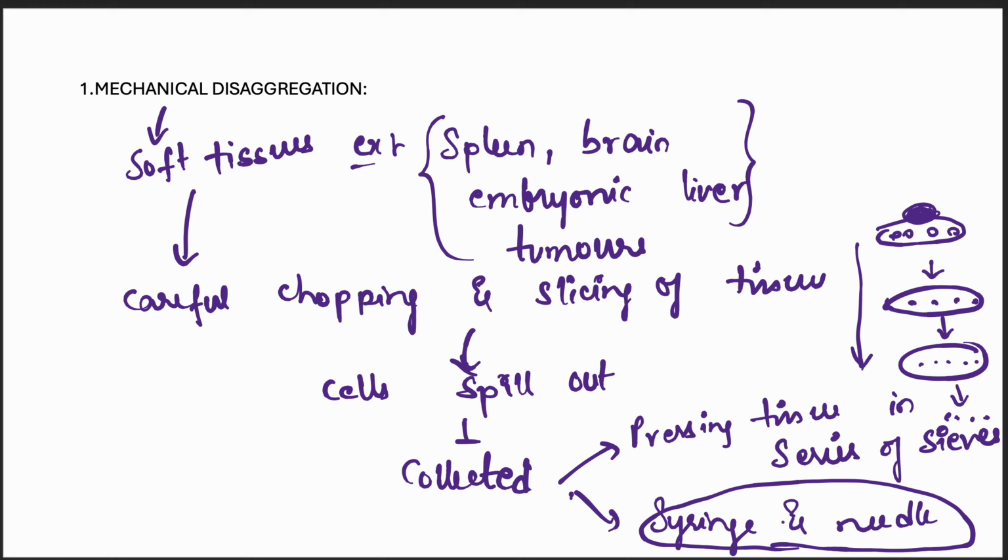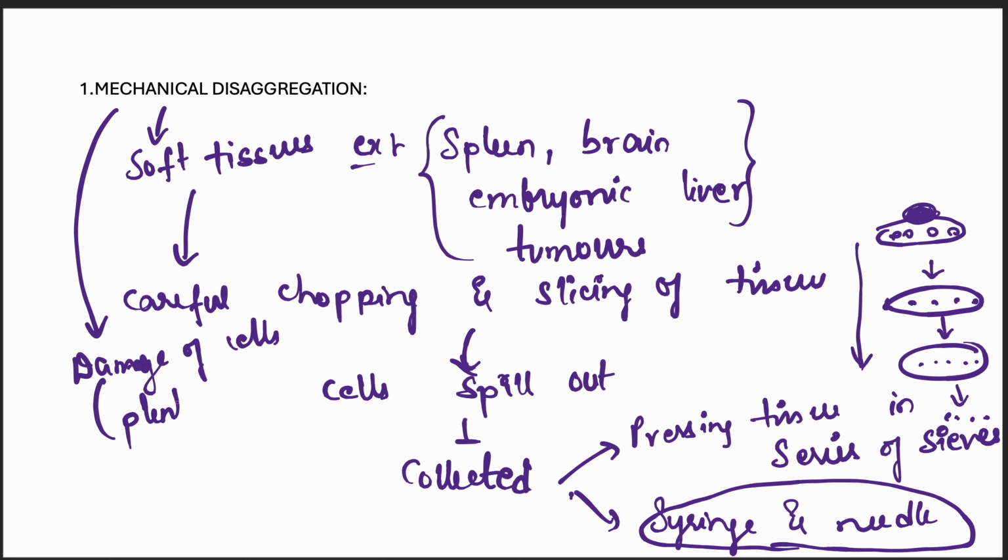If the tissue is plenty, only then can we use this method, because there is a risk of damage of cells while doing this. So plenty of tissue should be taken.